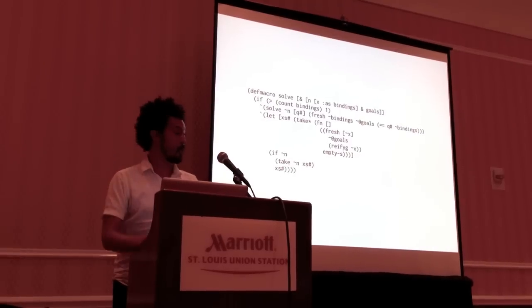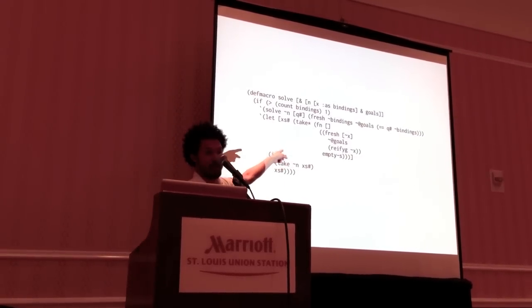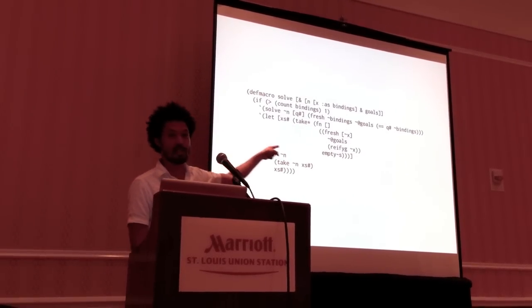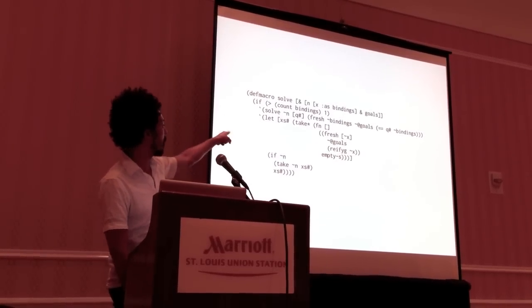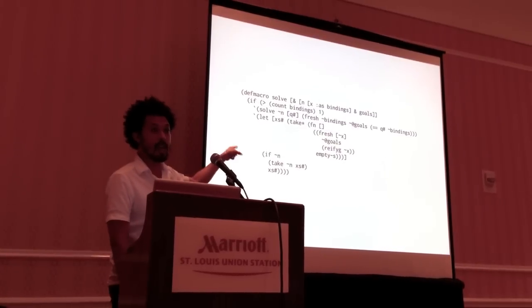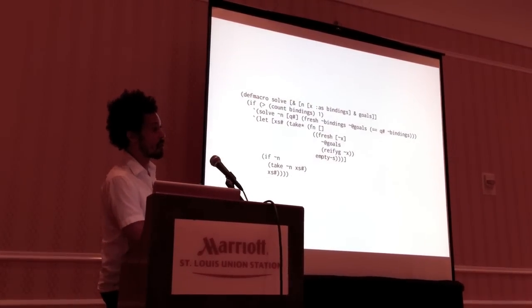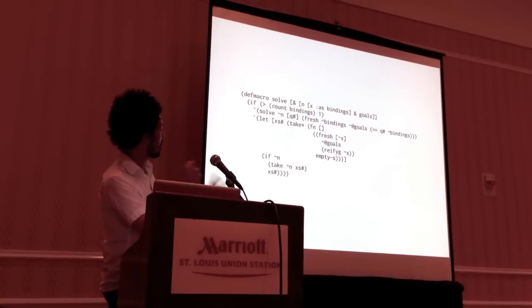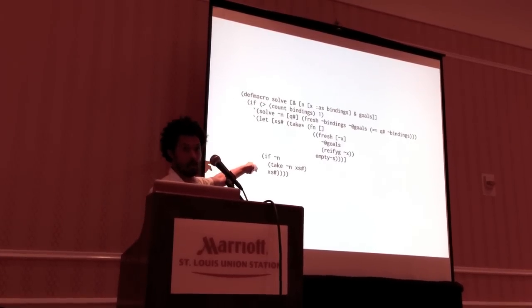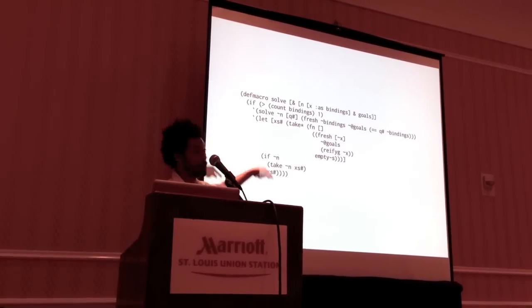If you look at the bottom, right, what do we do? We create a fresh, we put the goals in there, we insert the reify goal, and we call that with empty substitutions. We call take star. Because Clojure doesn't have tail call optimization, we actually use lazy sequences to prevent stack overflow. So that's why we call Clojure's take on the result of take star.